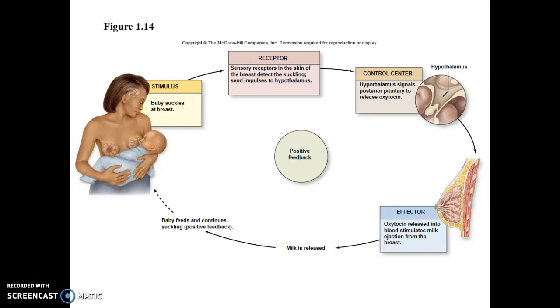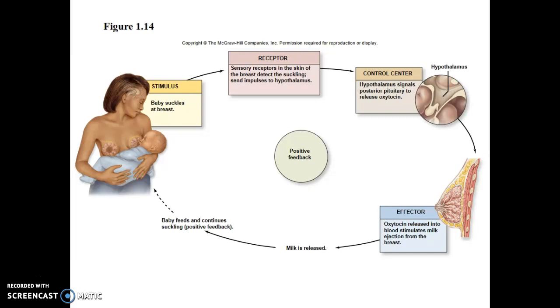The hypothalamus then tells the posterior pituitary gland to release oxytocin, which is a hormone. Oxytocin functions in the letdown reflex of milk.